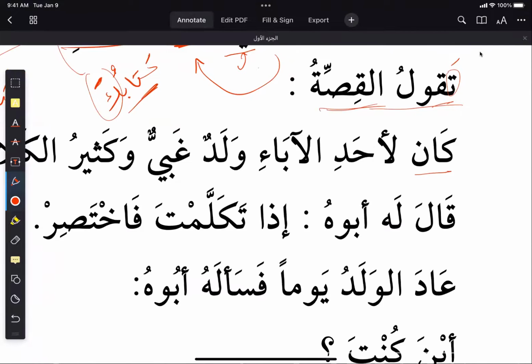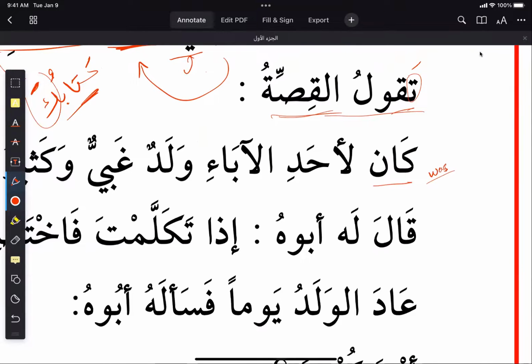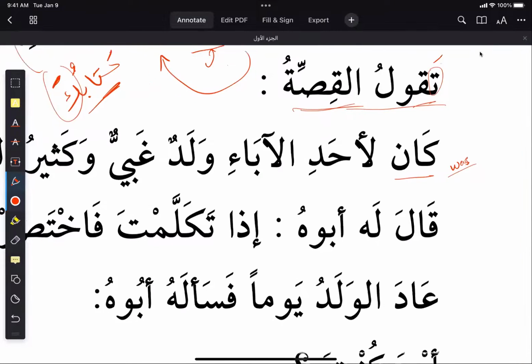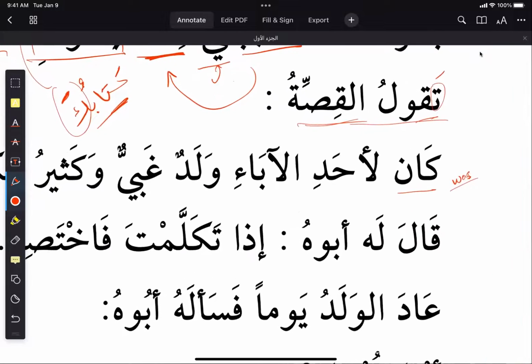Kana is what? Kana means was. This is a very, very important verb. You obviously know why, because of the usage of was, but it also has many grammatical implications, which we're probably not going to discuss now, but inshallah in the future. Right now, the only thing you have to know is that whatever sentence comes after kana, just put it into past tense. Simple as that.